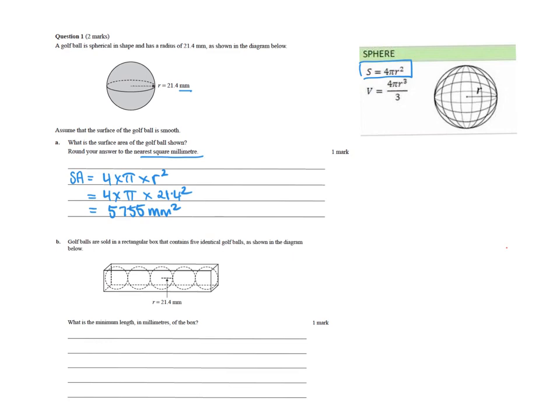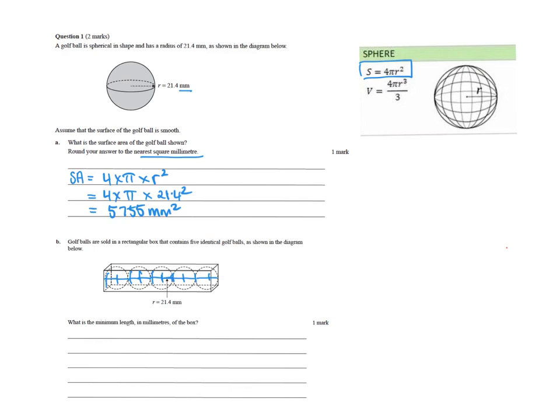Okay, and then it says the golf balls are sold in a rectangular box and the box contains 5 identical golf balls as shown below. What is the minimum length of the box? So if you've got the radius of 21.4, really you think about it, how many radiuses have you got? You've got 1, 2, 3, 4, 5, 6, 7, 8, 9, 10.